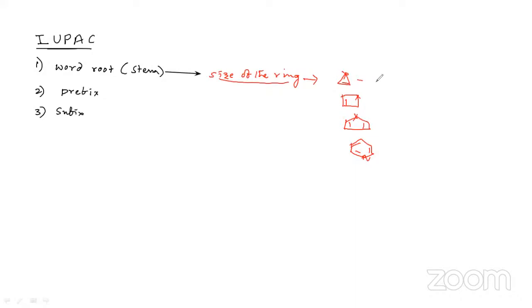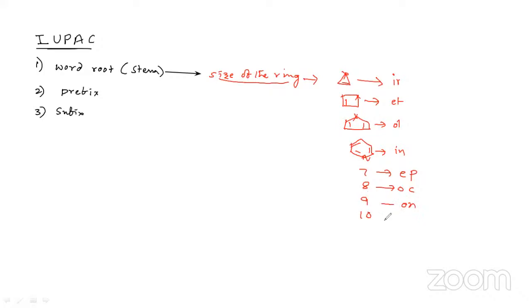Suppose if it is 3-membered, we can mention ir. 4-membered, et. 5-membered system, we can mention ol. 6-membered, in. Similarly, in case of 7-membered system, we can mention ep. 8-membered system, oc. 9-membered system, on.